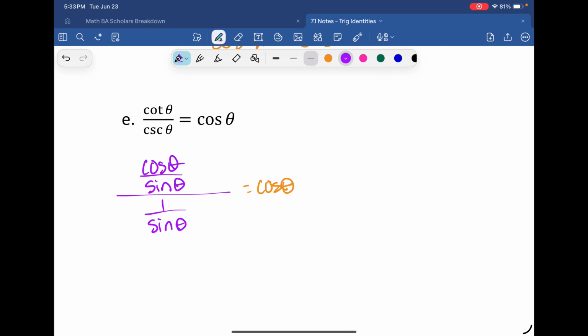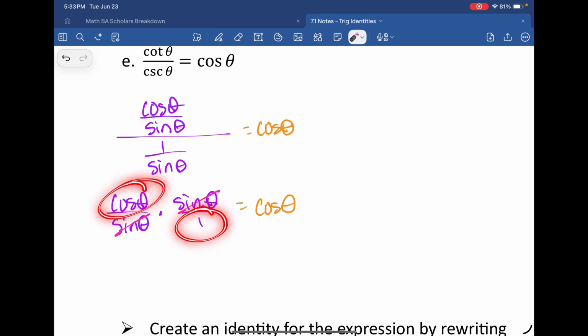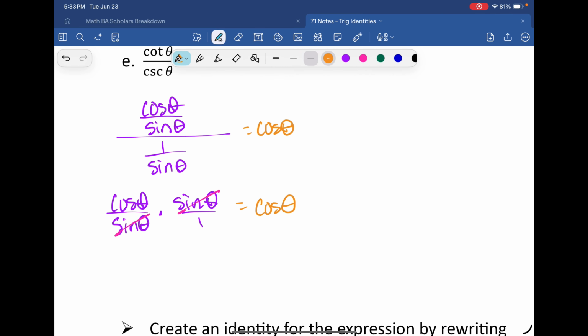Okay? So dividing by fractions, you multiply by the reciprocal. So sine and cosine cancel. You have cosine over 1, which is cosine.